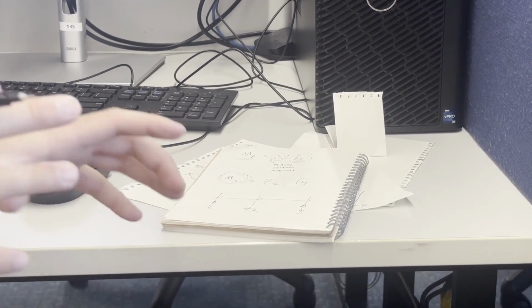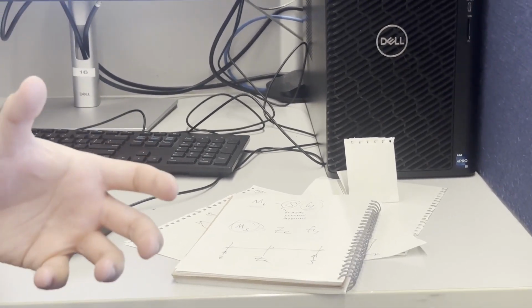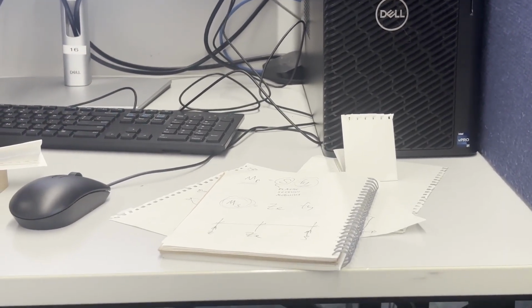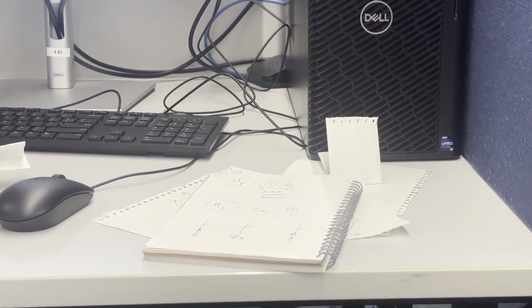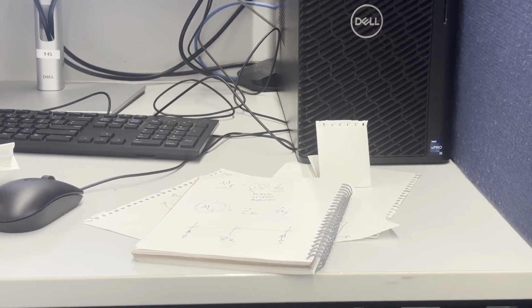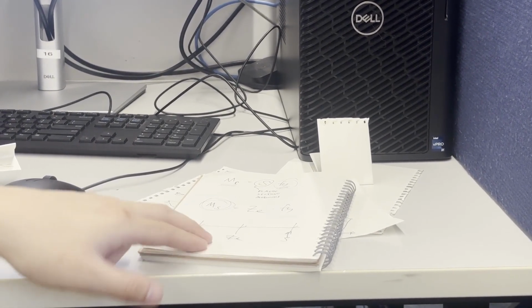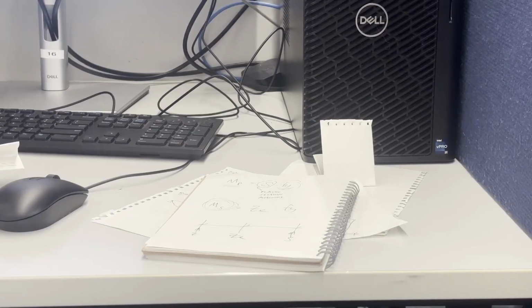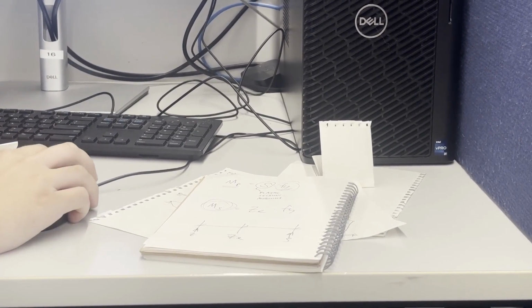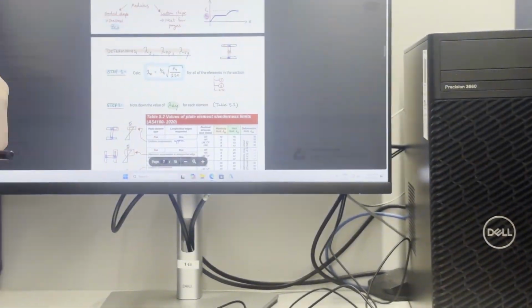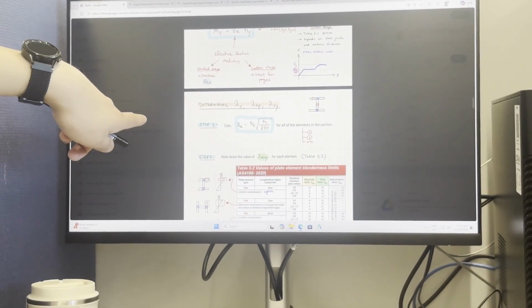So it's effectively its bending section modulus before it yields. And it's a function of slenderness, how slender your shape is, and you can calculate it using lambda e.